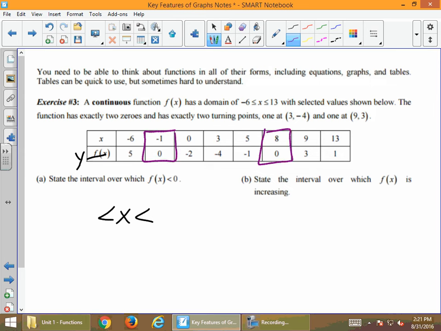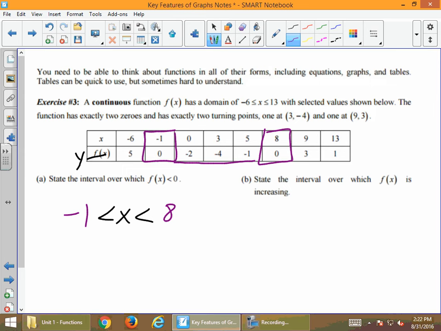Those are our 2 x-intercepts. Which one's the smaller one? That's going to go first. Which one's the bigger one? That's going to go second. And as you can see from these numbers, our y values are negative. They're all less than 0. So between these two numbers, we have a negative function. f of x is less than 0. It's negative.